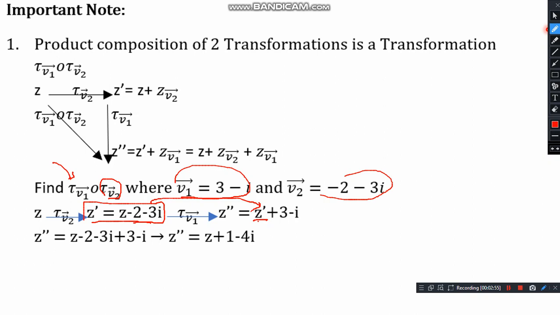So Z double prime will be Z minus 2 minus 3I plus 3 minus I. So it's the addition of 1 minus 4I. So 3 minus 2 is 1, minus I minus 3I is minus 4I. So translation T V1 rho T V2 is a translation of vector V1 plus V2. This is the formula.